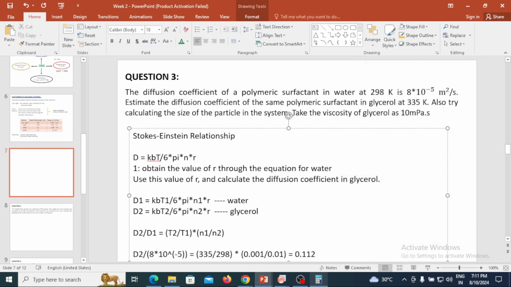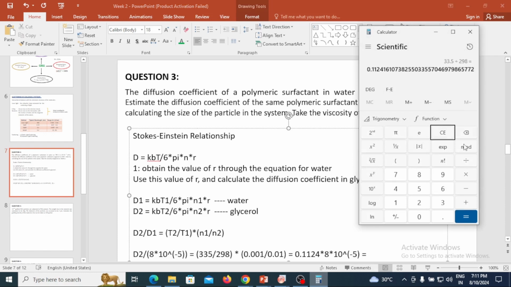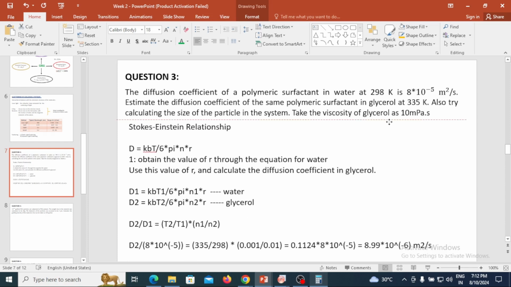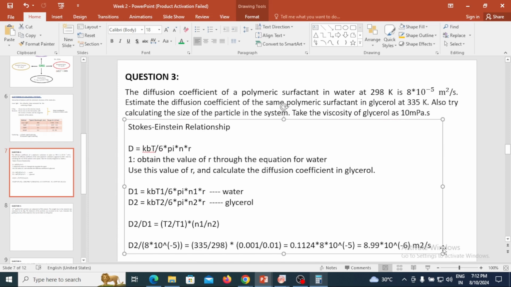So 0.1124 times 8 times 10 to the power minus 5 will be nothing but 0.8993. So 8.99 times 10 to the power minus 6, and the units is meter square per second. Units are very important, so please be careful when you solve any question.